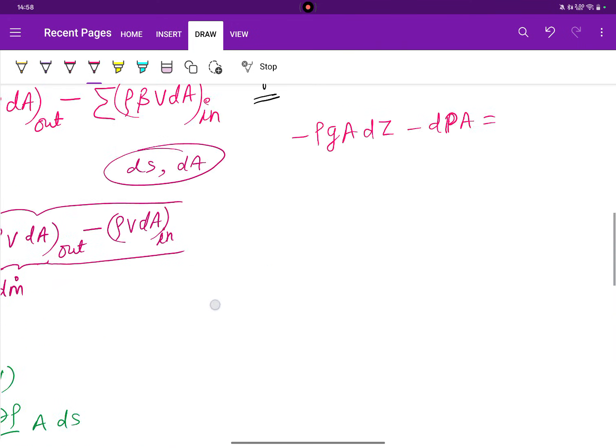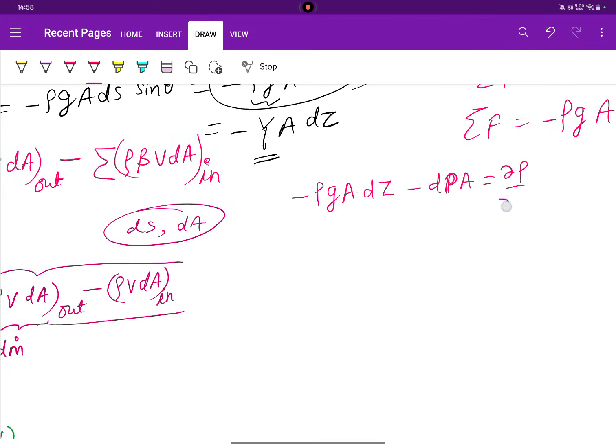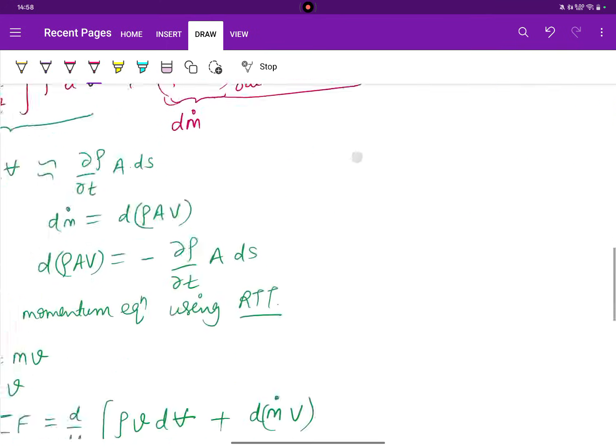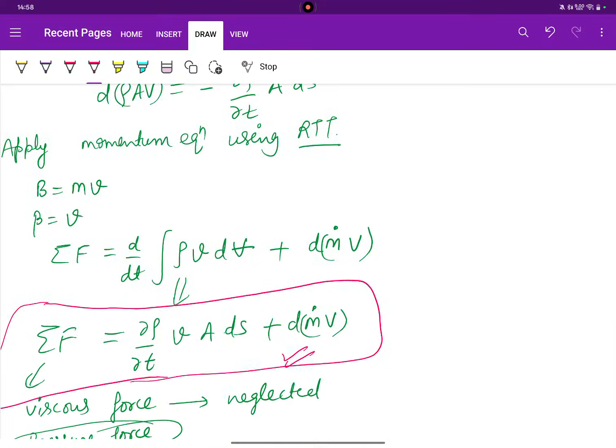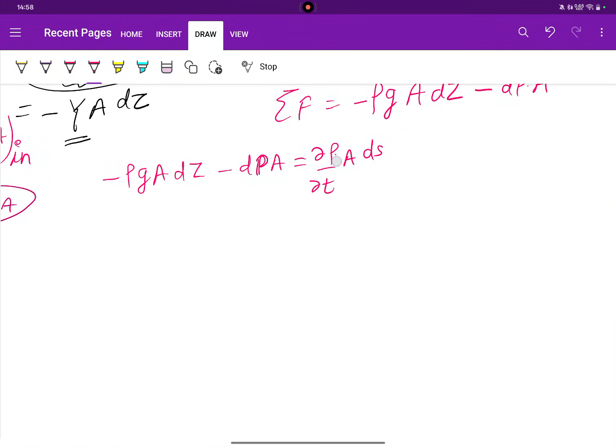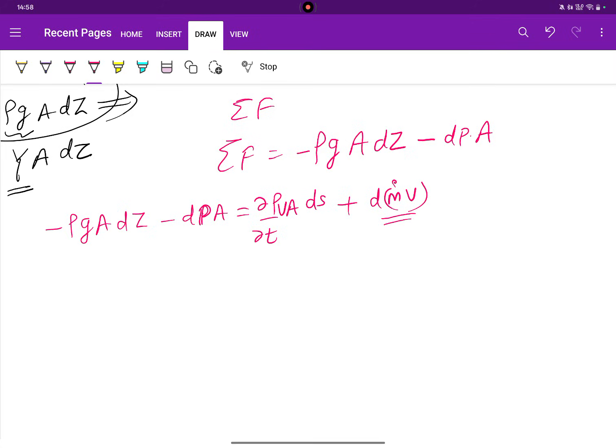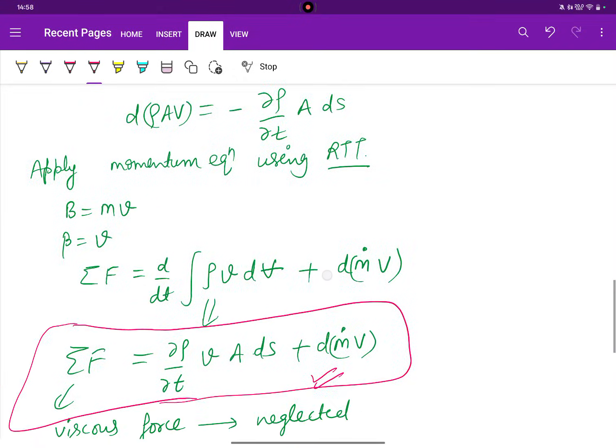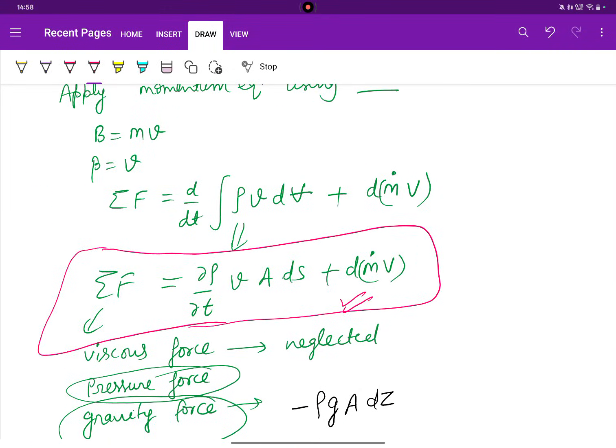del rho by del t, A ds, del A by ds, v, velocity is also there, plus d m dot v, right? So let me open it up. What will I get? Rho v, I think. Just one minor comment or mistake, I would say.